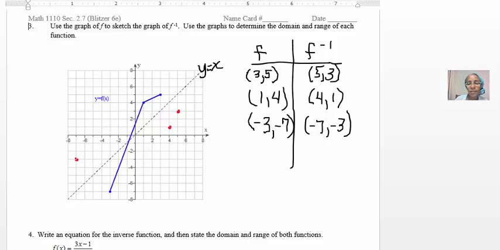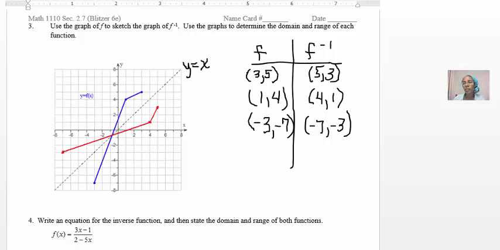All right, and so (-7, -3) is the mirror image of this point. And so then let's connect these with lines. Okay, and so here we have the graph of the inverse function, y equals f inverse of x.